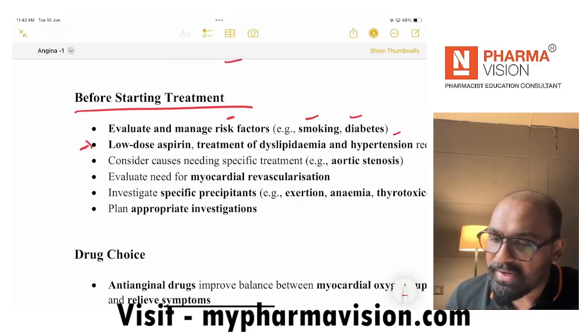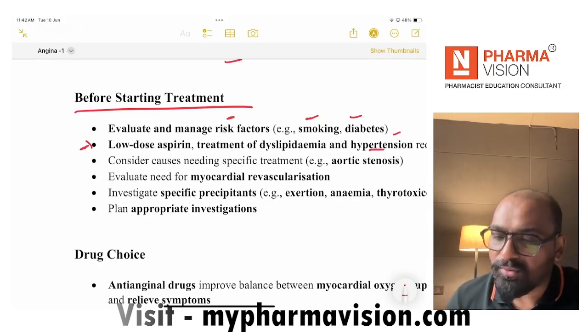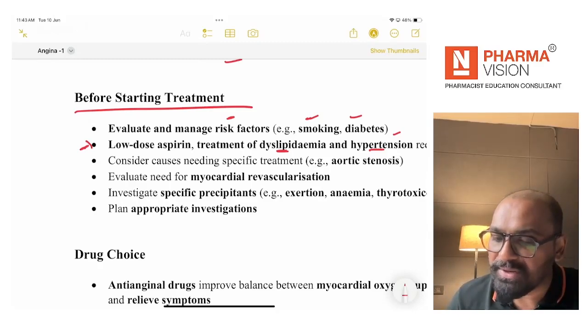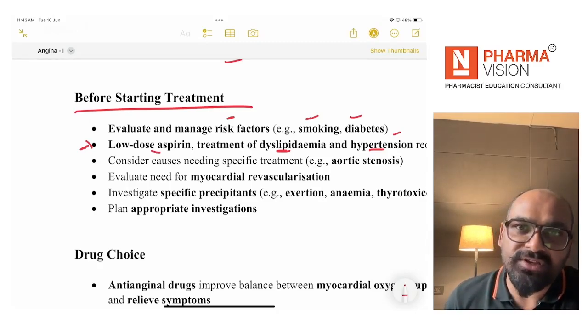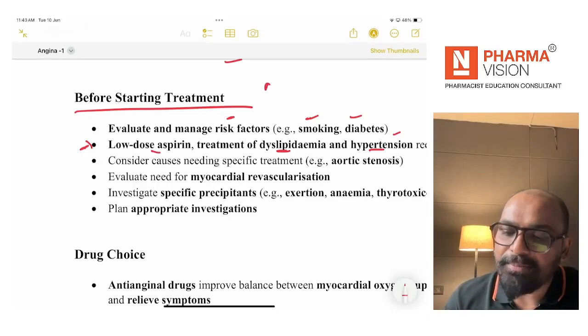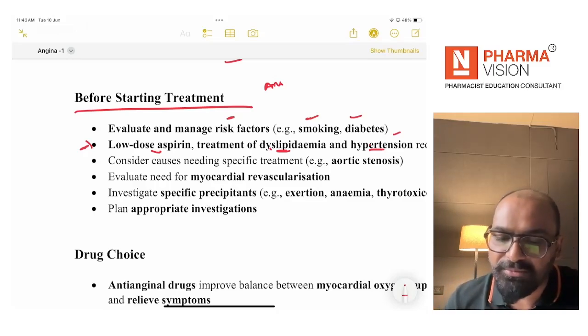The first one is blood pressure, so the hypertension should be under control. Second is the lipid concentration should be under control, that's the management of dyslipidemia. And the low dose aspirin, which mainly acts as an antiplatelet. So antihypertensive, dyslipidemia management, and also the antiplatelet. These medications can give a positive outcome in the management of angina.